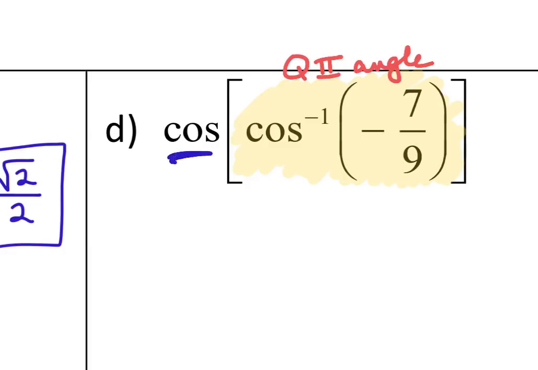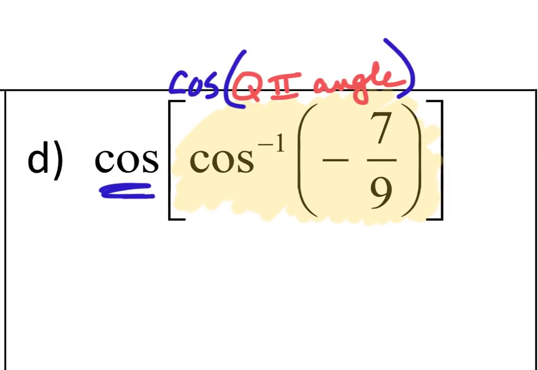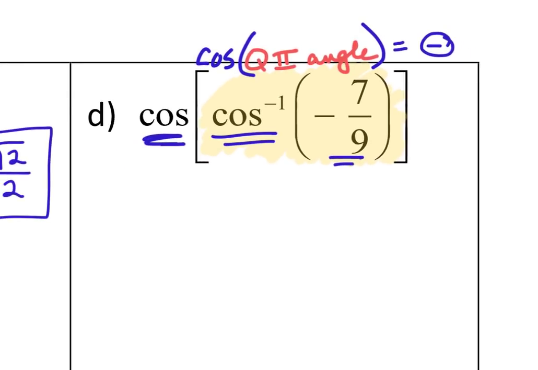And cosine of a quadrant 2 angle is going to be a negative answer. And so the angle that gives you 7/9 when you plug it into cosine is the number that goes here, that angle. There's your theta. And so your answer is going to be negative 7/9.